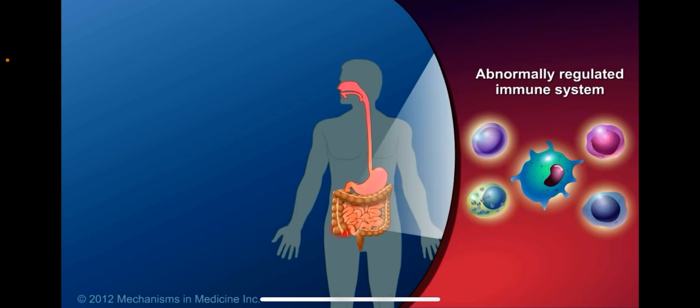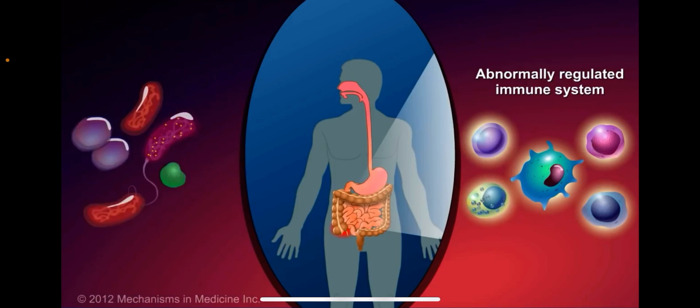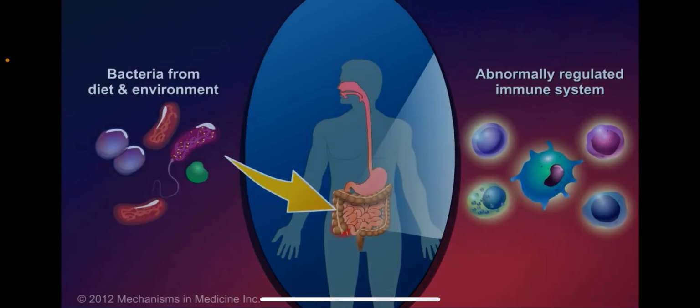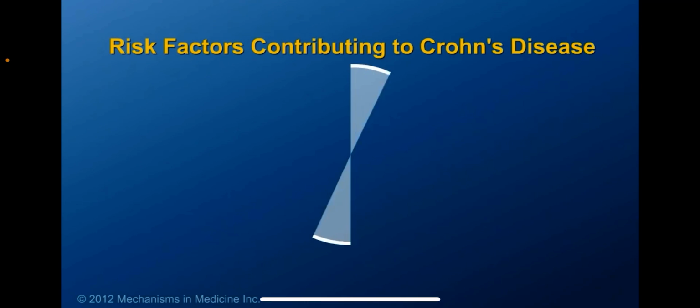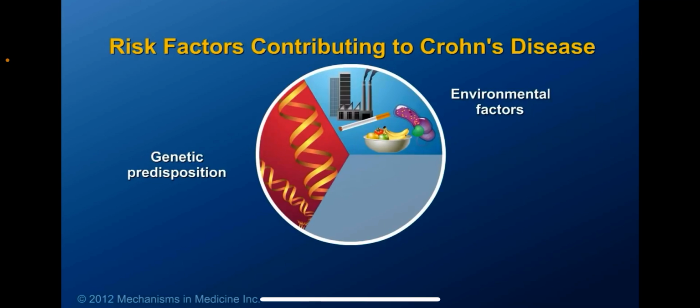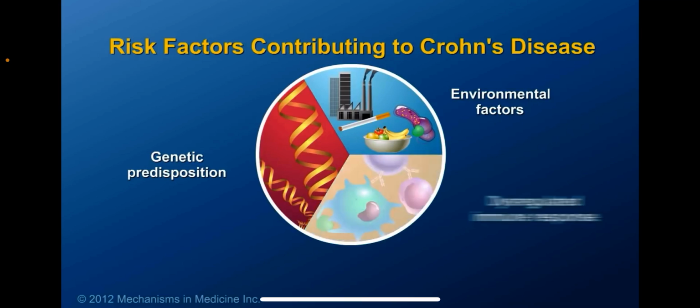immune system. The GI tract is frequently confronted with bacteria from our diet and environment. Many factors can contribute to a person's risk of having Crohn's disease, but most can be thought of in three categories: genetic predisposition, environmental factors, and a dysregulated immune response in the GI tract, which causes inflammation.